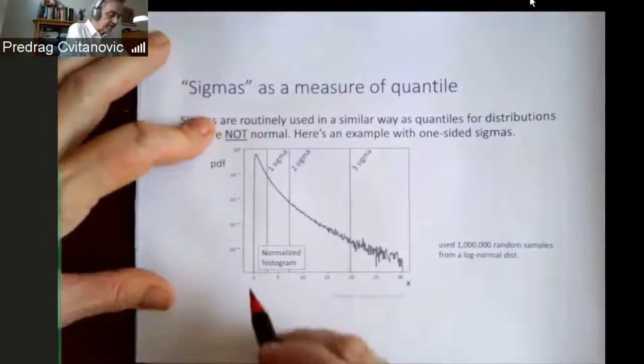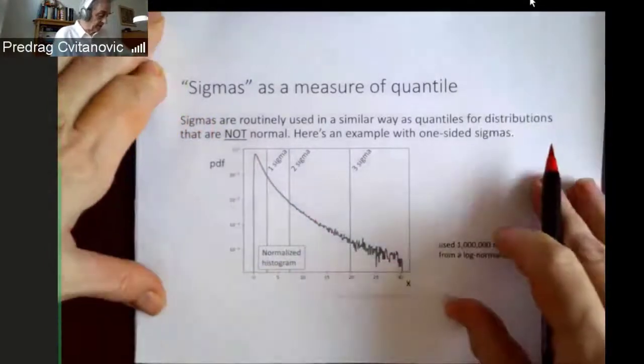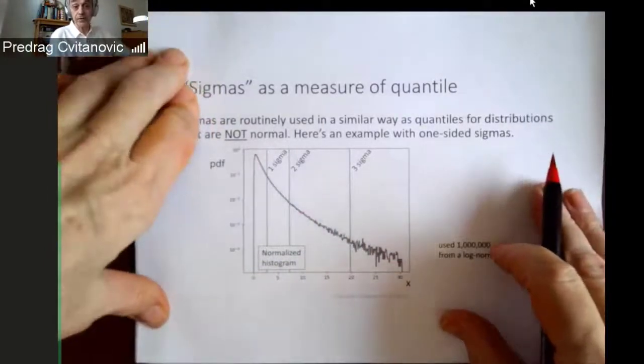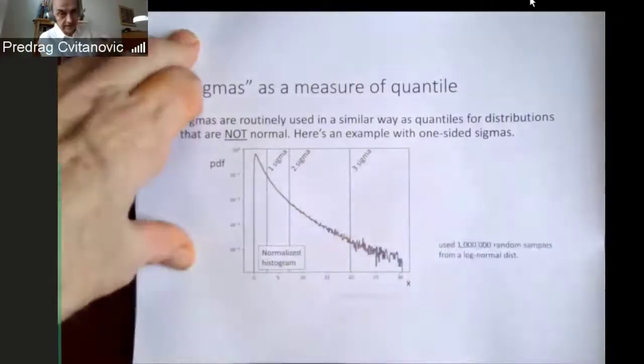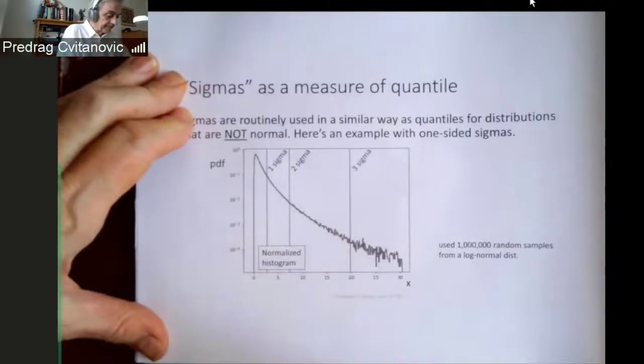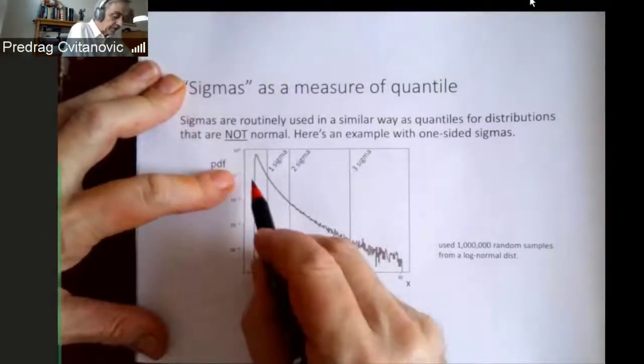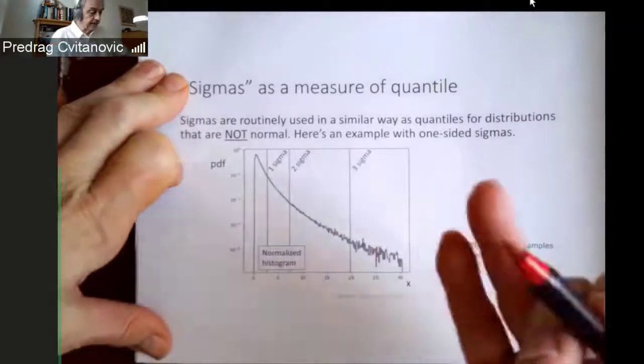So if you had a very skewed distribution to the left, for example, a Poisson distribution that I am not going to mention here, but it's in the notes, then the normalized histogram is, you can compute sigma for any distribution.